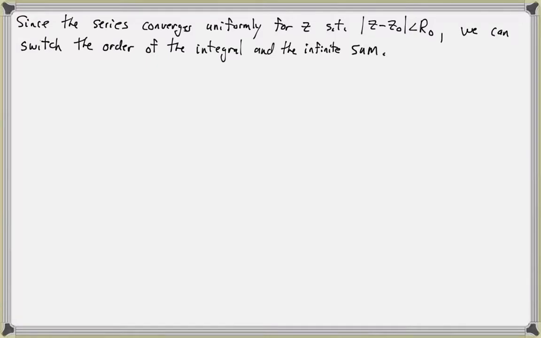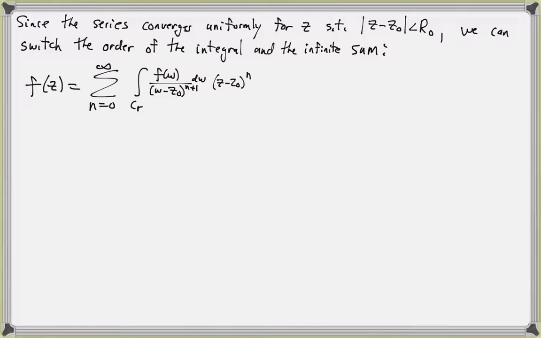So this enables us to write f of z as the sum from n equals 0 to infinity of the integral over CR of f of w over (w minus z0) to the n plus 1, dw, times the factor (z minus z0) to the power n.